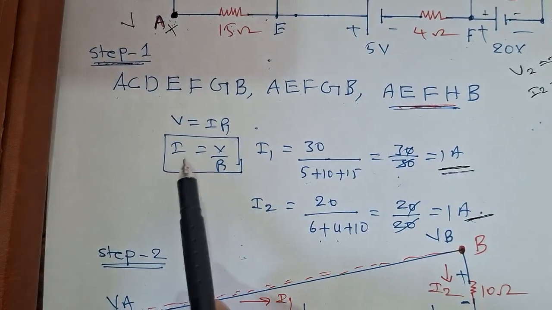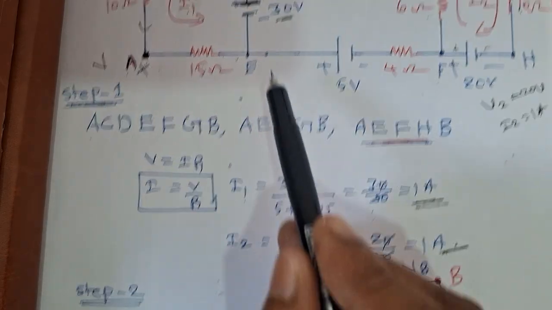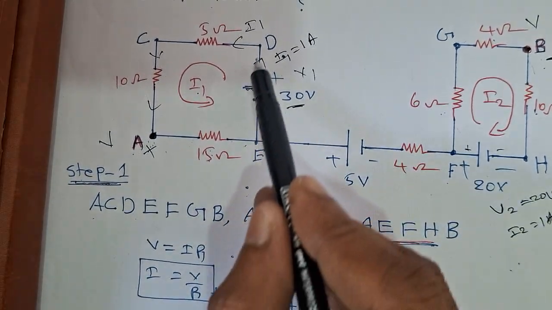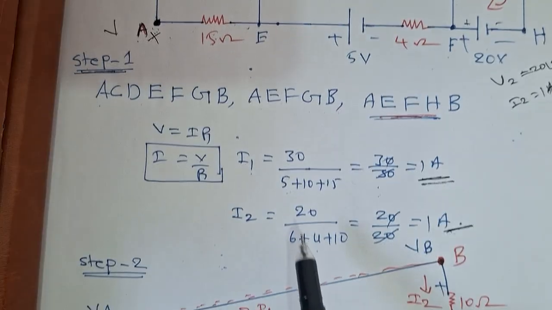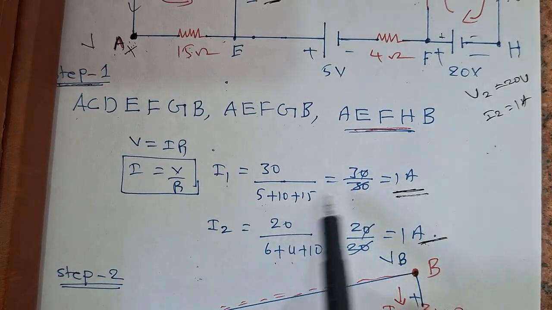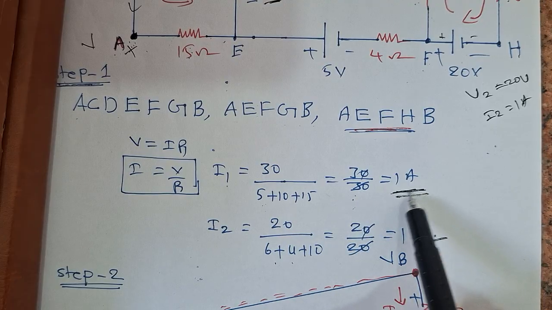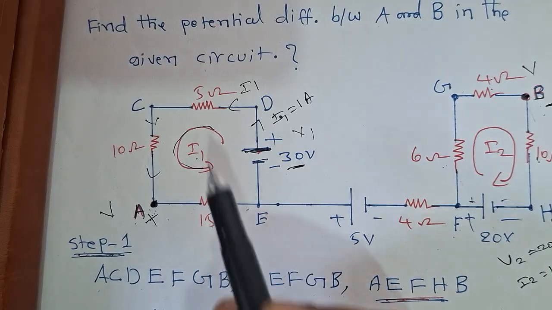Therefore, according to Ohm's law, I is equal to V by R. I1 is equal to 30 volts divided by 5 plus 10 plus 15, which is 30, so 30 divided by 30 gives 1 ampere. So now this battery is giving 1 ampere of current.